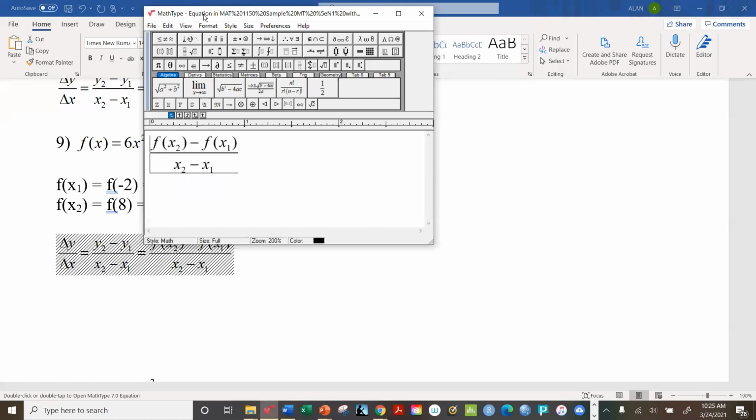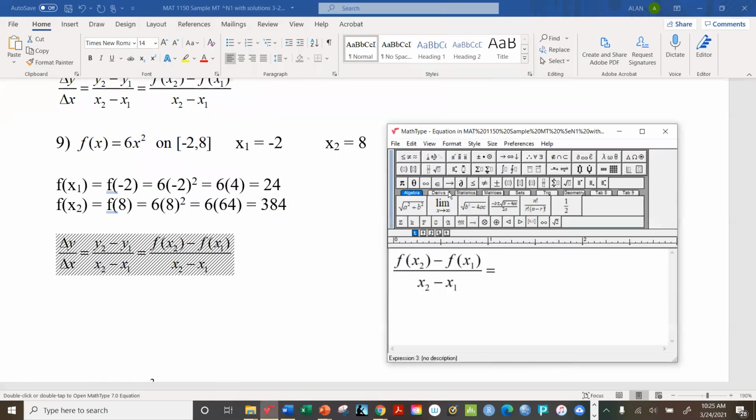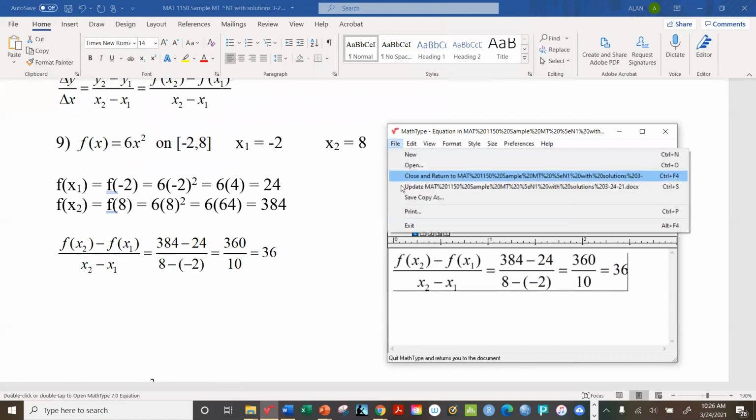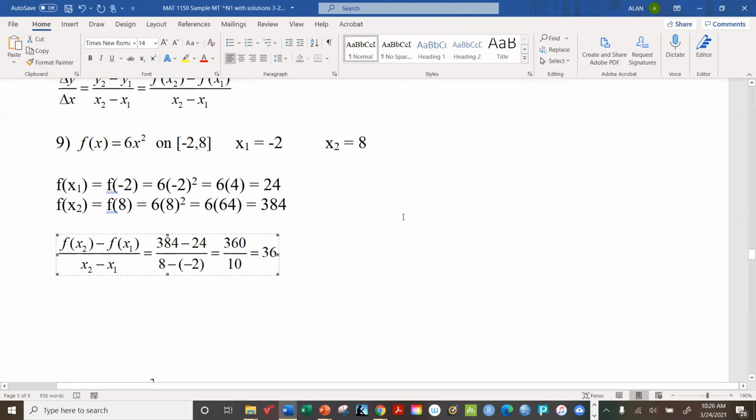We just plug them in. (384 minus 24) divided by (8 minus -2) equals 360 over 10, which is 36. All right, so the average rate of change over that interval is 36.